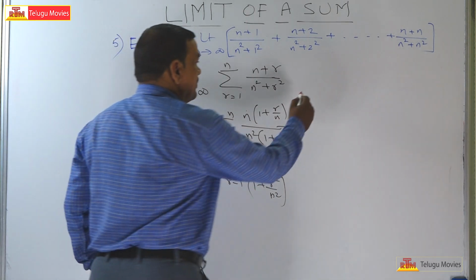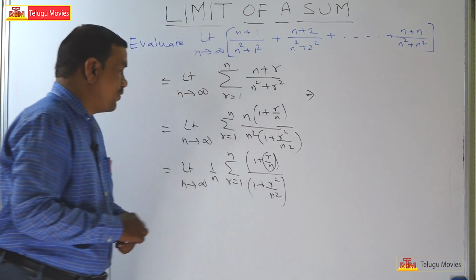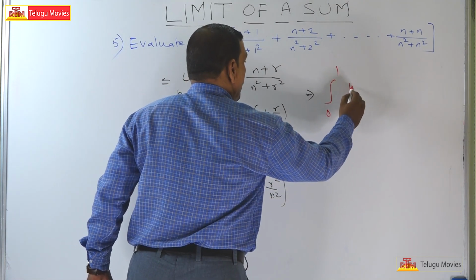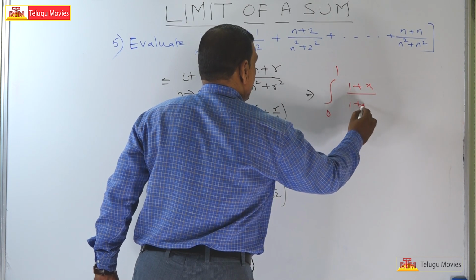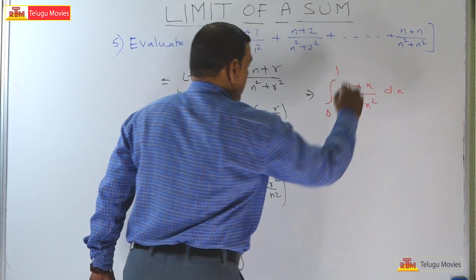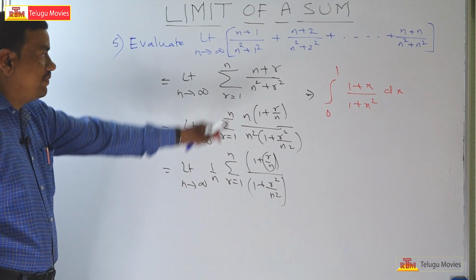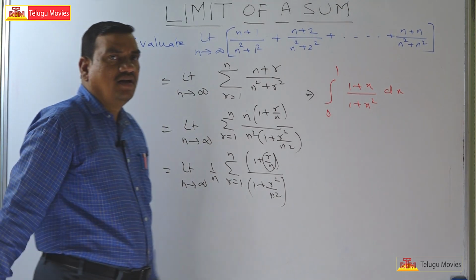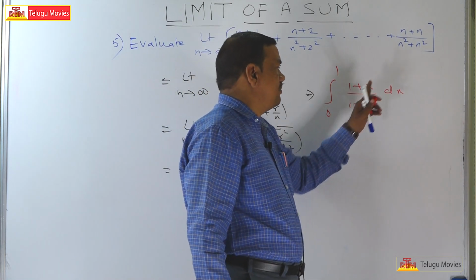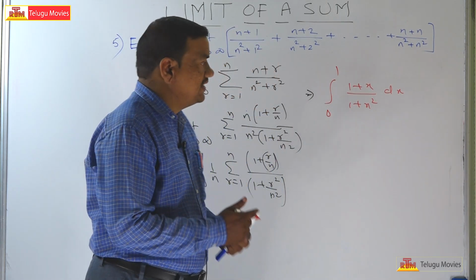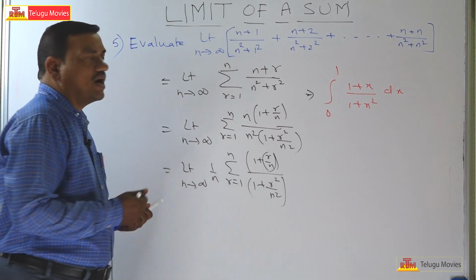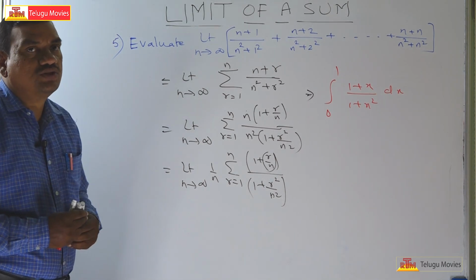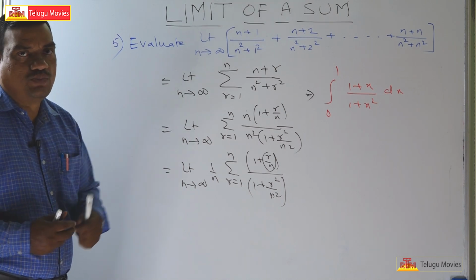So your problem is integral 0 to 1, 1 plus x by 1 plus x square dx. This can be done by dividing 1 plus x with 1 plus x square, otherwise by taking partial fractions we can do. Okay, now I hope that you understand this solution. Let us go for next problem.